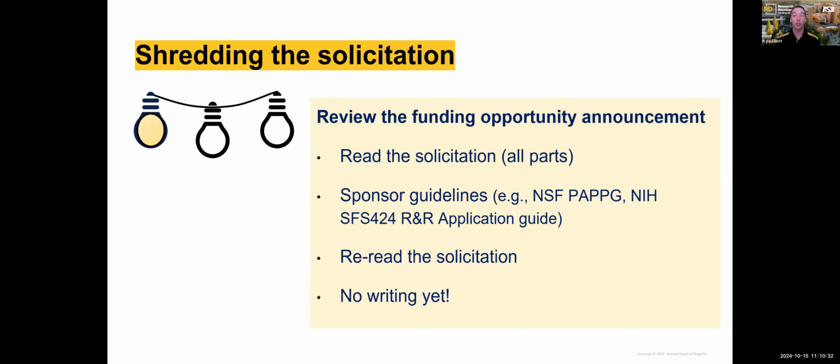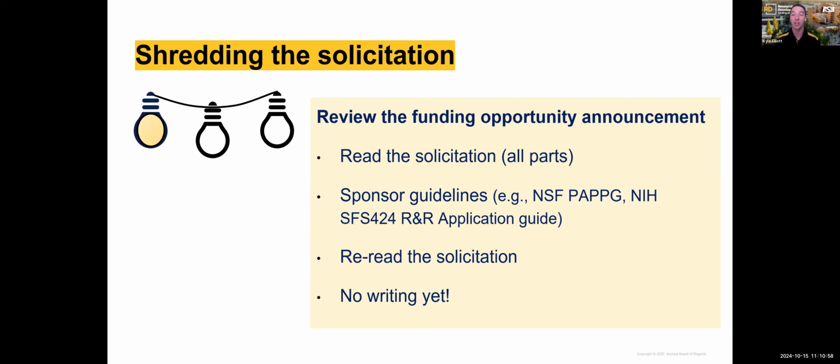From there, it is important to double check sponsor guidelines. So that's things like the eligibility, is this a limited submission opportunity or not, page limits, any key research questions. Those you should all be pulling out through this read of the solicitation. Now, some sponsors, such as the National Science Foundation, also have requirements that are found in another solicitation.